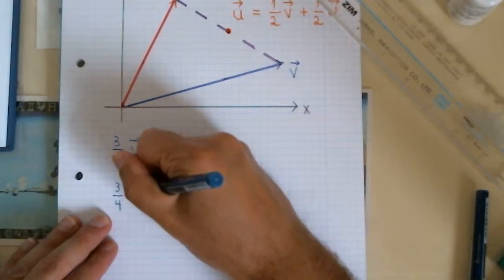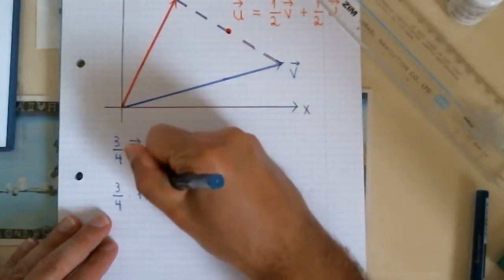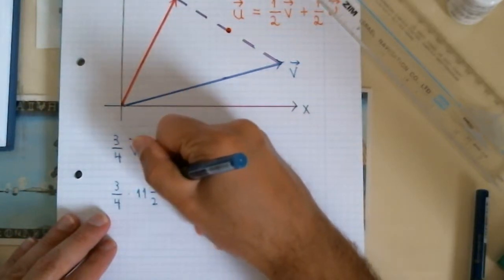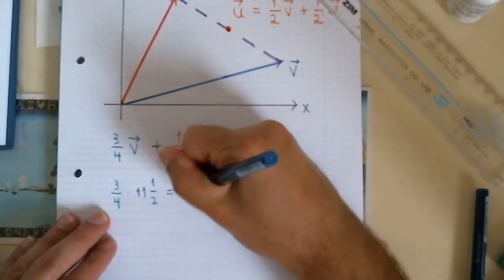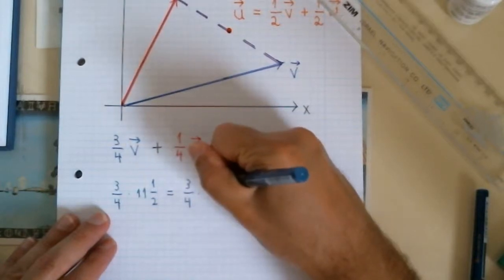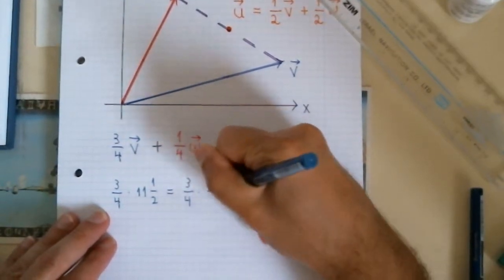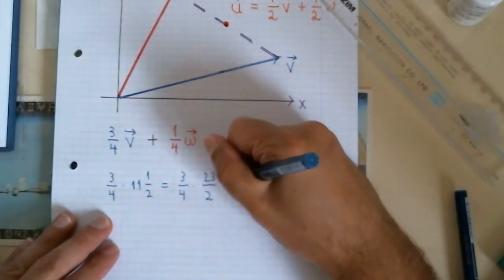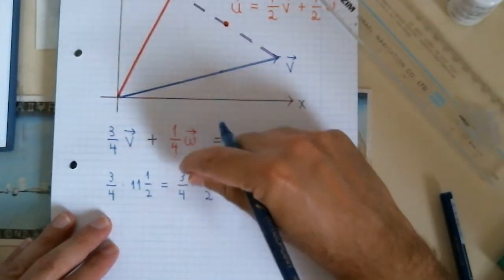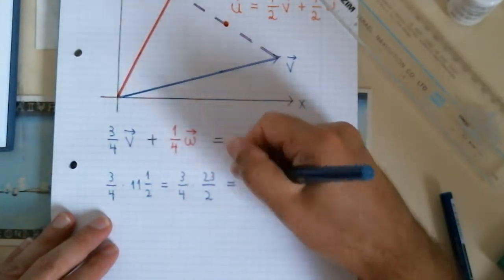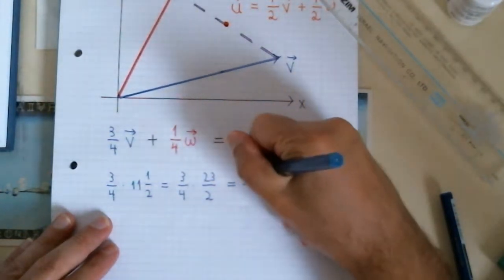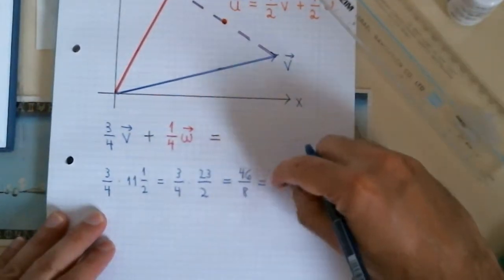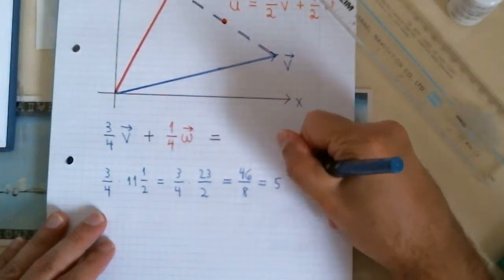So we would make it 3/4 of 11.5, which is 23 divided by 2. And this equals 46 divided by 8. And this equals 5 3/4.